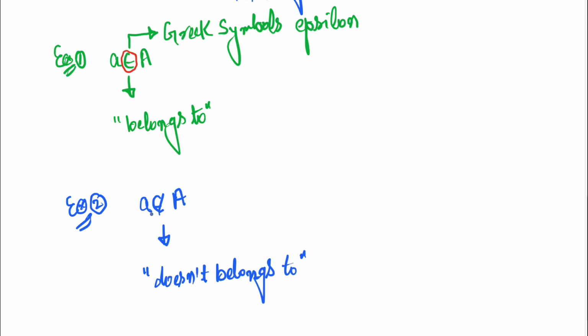So these are symbols which we are going to use in further lectures, and I'm clearing them up here so that it will be easy for you to understand the symbols and their meanings. Let me take some more examples.